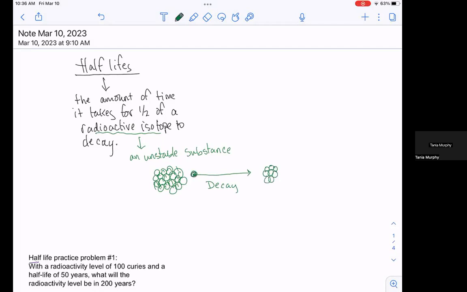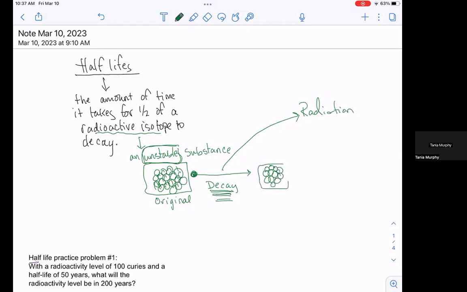And this is the period of time it takes for this original substance to decay, giving off radiation. Why is the substance decaying? Because it's unstable. As it decays, it loses half of its mass. So if this weighed 100 grams, this would weigh 50 grams.